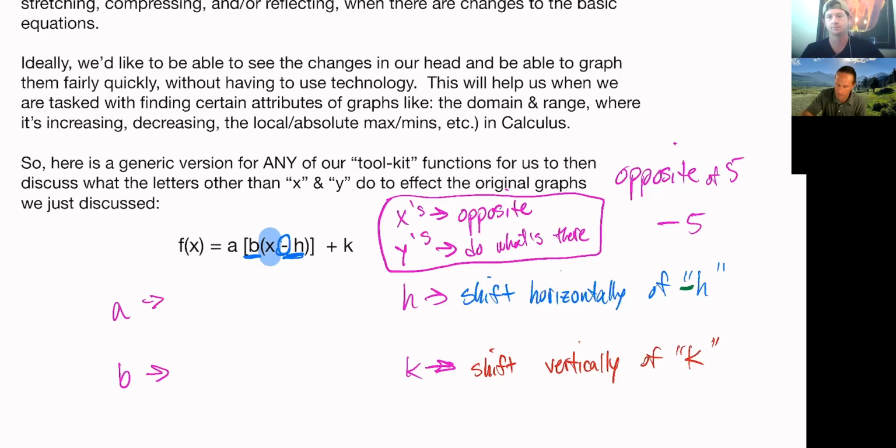For a and b, that is going to be our stretching and compressing. And again, you should know which one is having the effect on which variable.